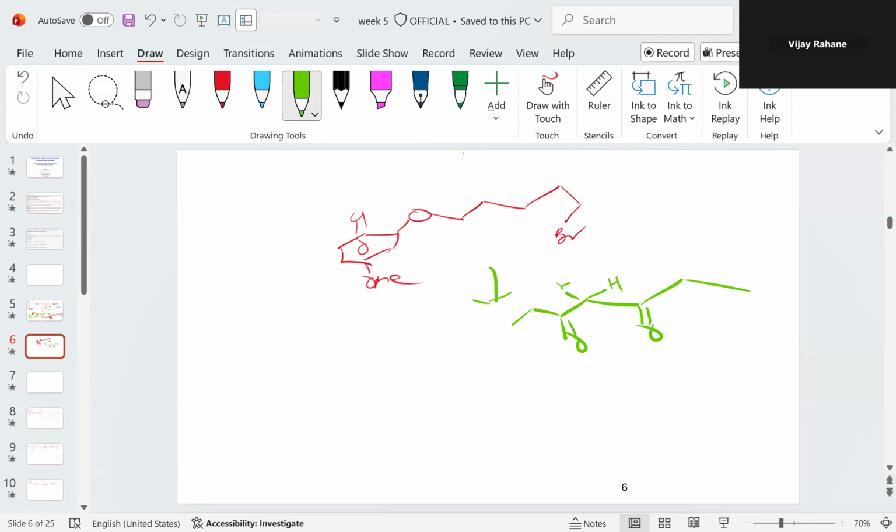This reaction also proceeds in the presence of the base, because in the presence of the base, this proton gets abstracted, and we get the negative charge. And once we get the negative charge at this position, what happens? This negative charge attacks this. I will just draw it linearly now.